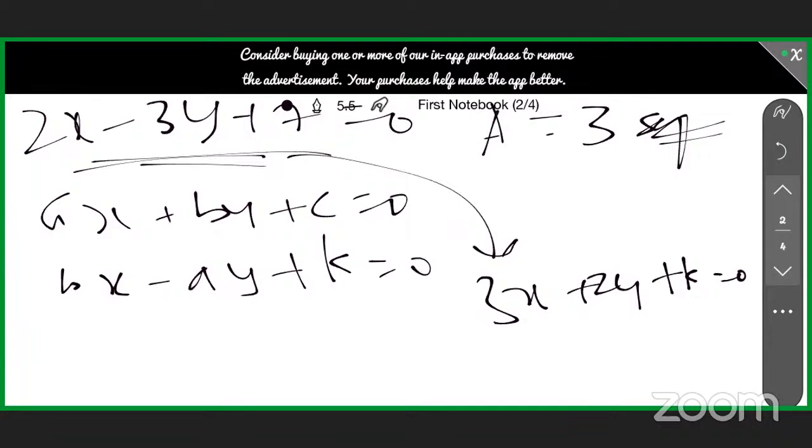Now, we know the area of a triangle. Tell me the area of a triangle formula when a line equation is making a triangle. We have learned some four or five formulas.